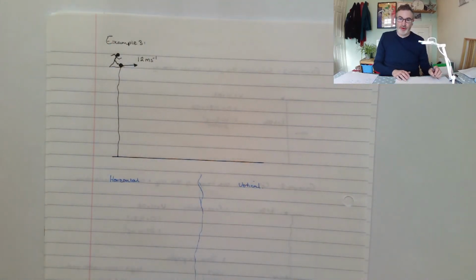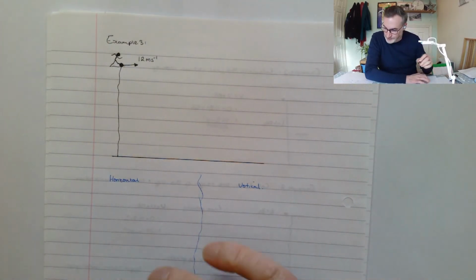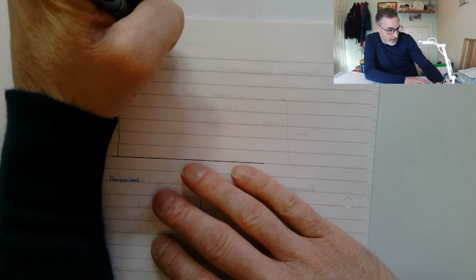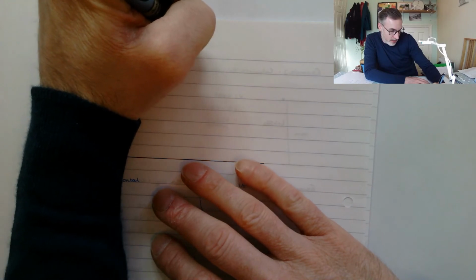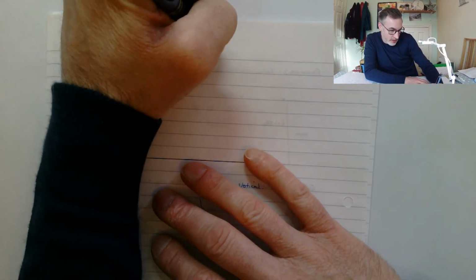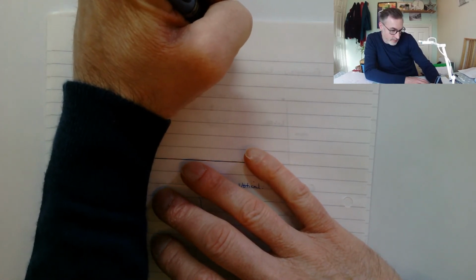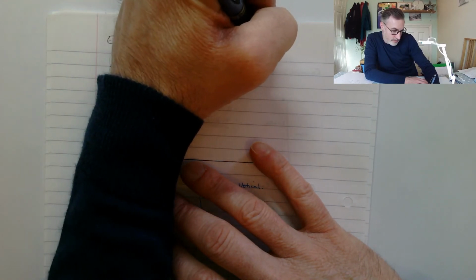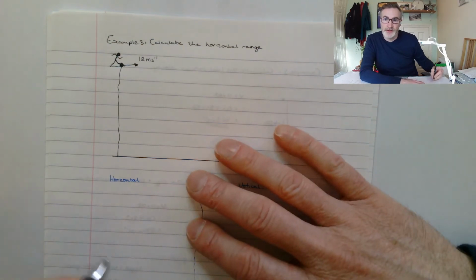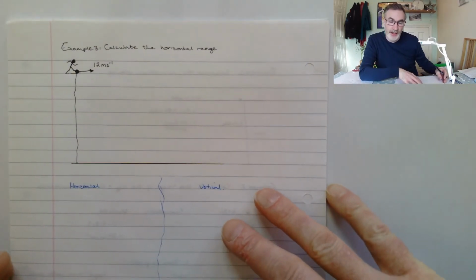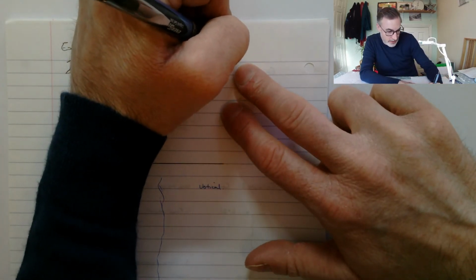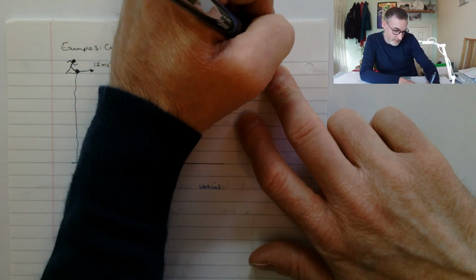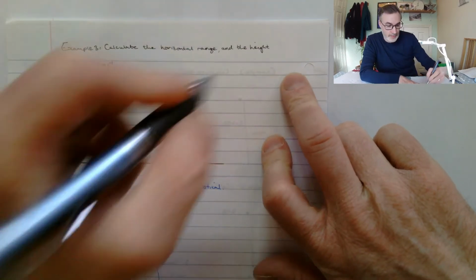Oh, we need to know what we're doing. So we're going to have example 3. And we're going to say calculate the horizontal range and the height of the cliff.